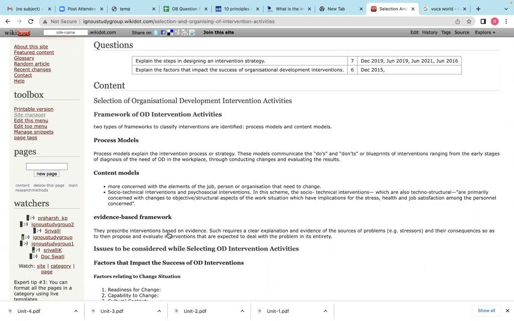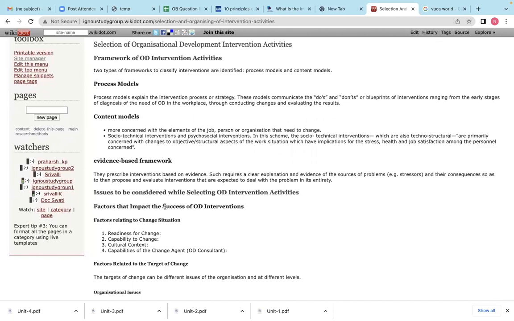As a base, before going into those questions, the first part of this unit talks about how exactly you are going to select an intervention. There are two aspects as far as the selection of intervention is concerned. One, what is the framework that you are going to use to select the intervention activity?